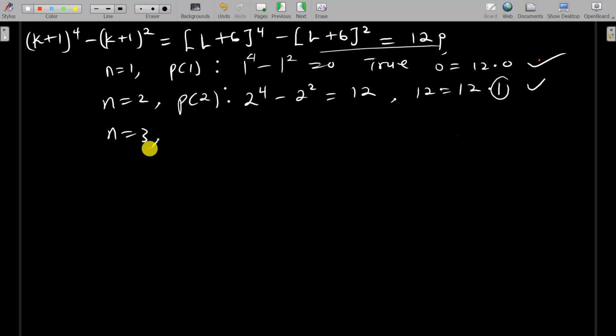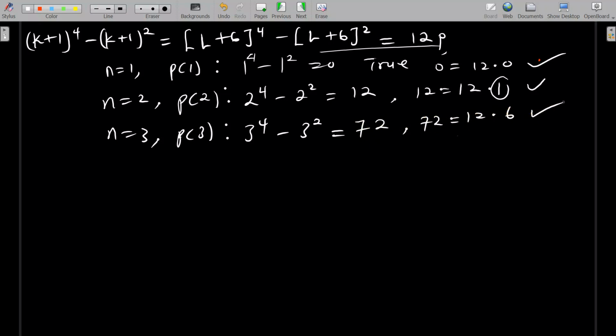N equals 3 will give me P of 3, which says 3 to the power 4 minus 3 squared. What is that? That is going to be 72 if I solve this, and 72 is equal to 12 multiplying 6, and so this is true.